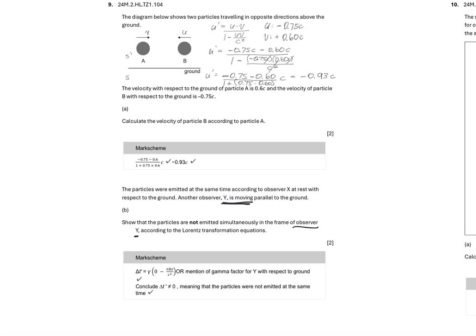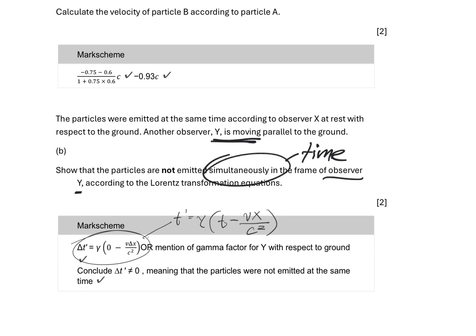So if we're talking about simultaneity, or when the events happen, we're looking at time here, and so the mark scheme says, use the Lorentz transformation equation for time. And you don't actually have to calculate the difference in the time. You just have to show that the time is not simultaneous. And so when we say that the time is simultaneous, that would mean that delta t right here is 0.